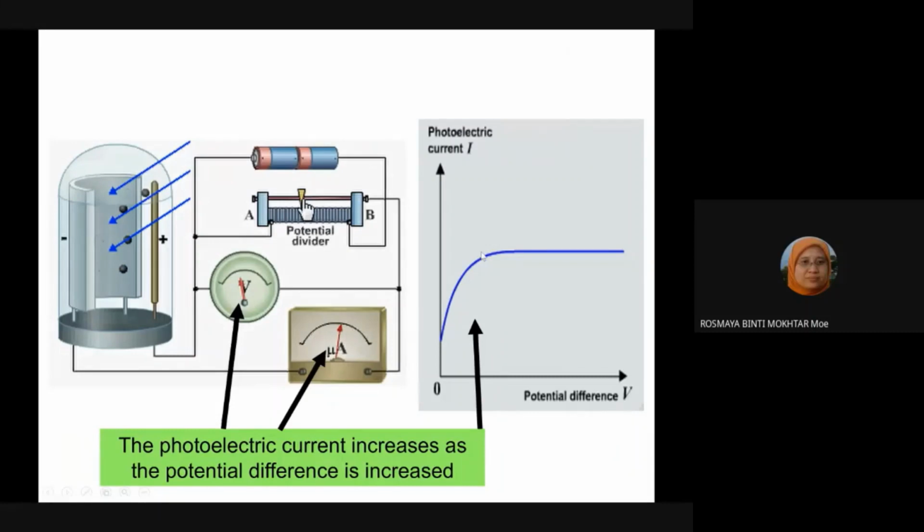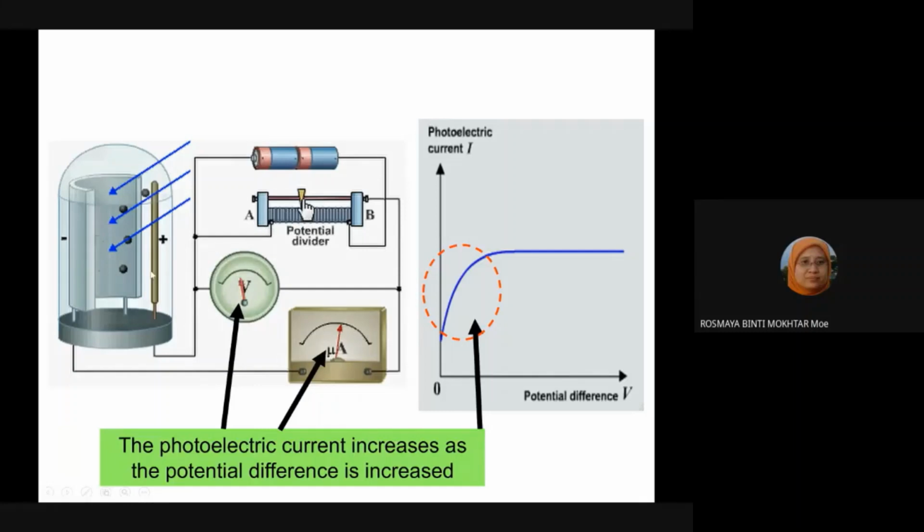Next part, the increasing part. The photoelectric current increases as the potential difference is increased. So we increase the voltage across the cathode and anode here by sliding the rheostat.